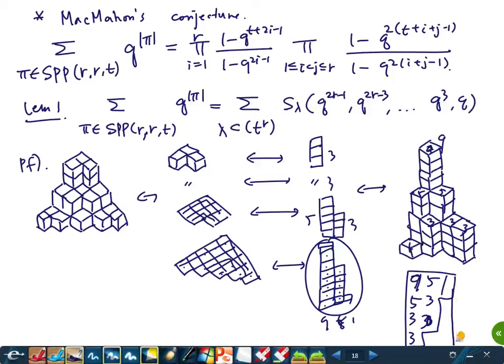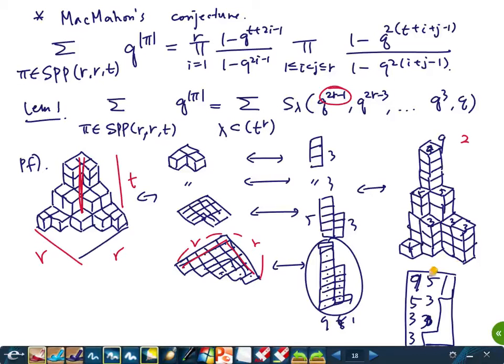But what is the maximum size of this? This was R and R. R, this is T, right? So the maximum of this is R. The maximum is 2R minus 1, like this. And what about this?